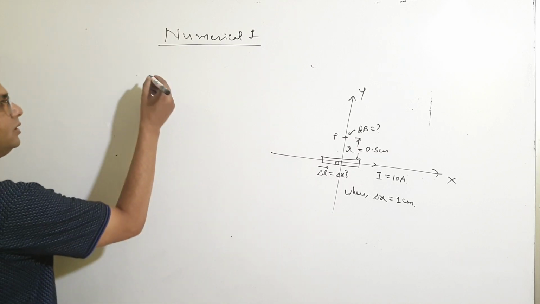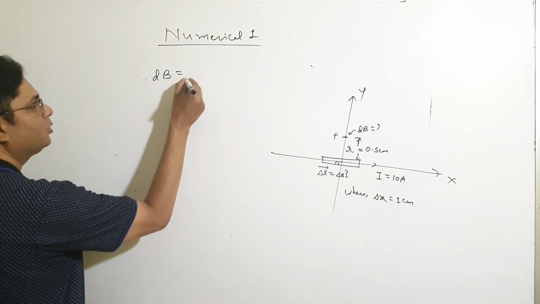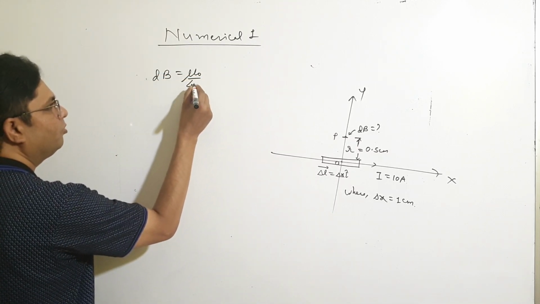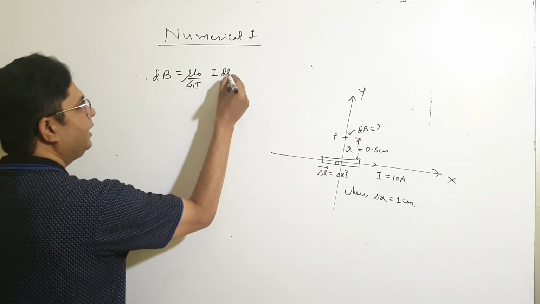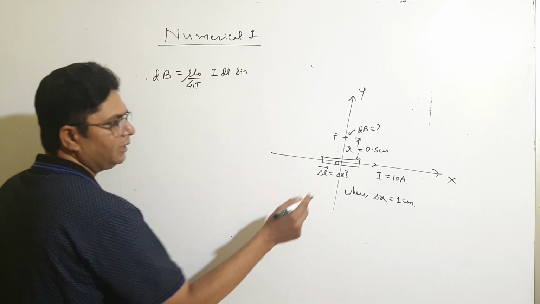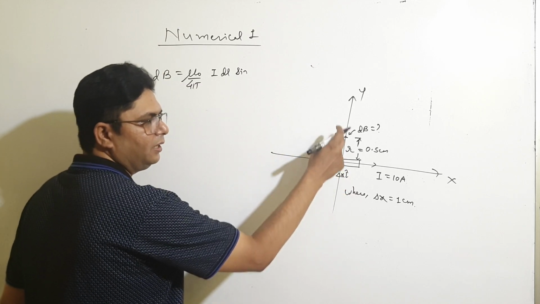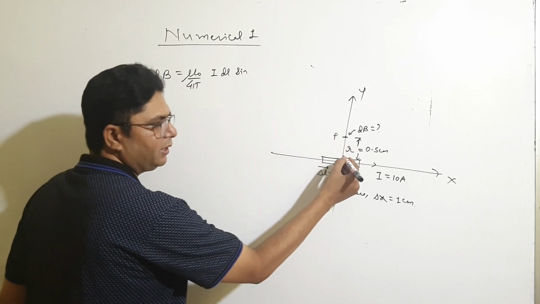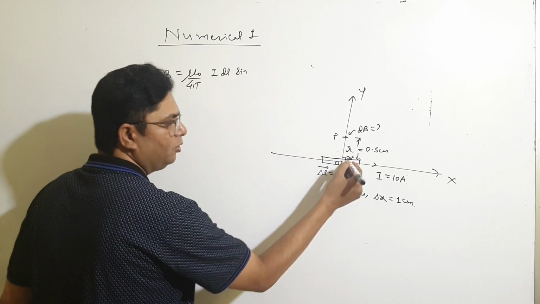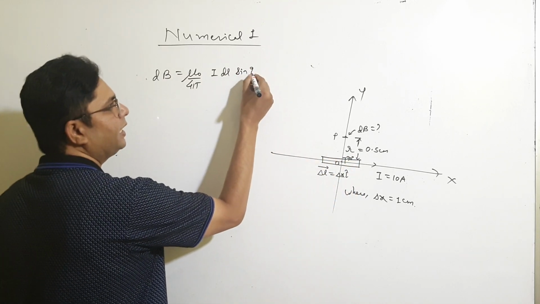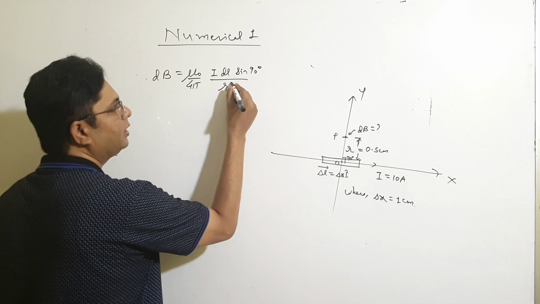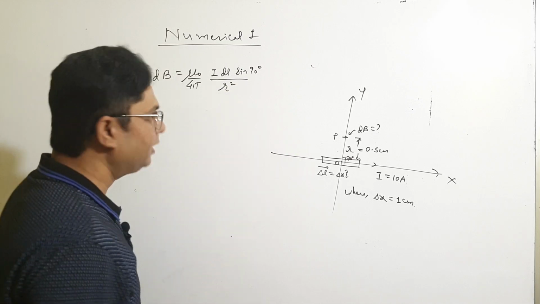According to Biot-Savart's law, dB is equal to mu naught upon 4 pi, I dl sine theta. You are seeing that this is the length dl, and this is r. So r and dl are making an angle of 90 degrees here. So you write I dl sine 90 degree upon r square. Sine 90 is 1.